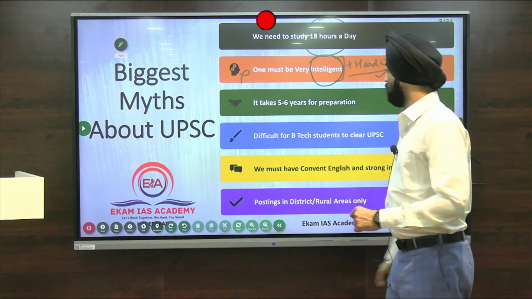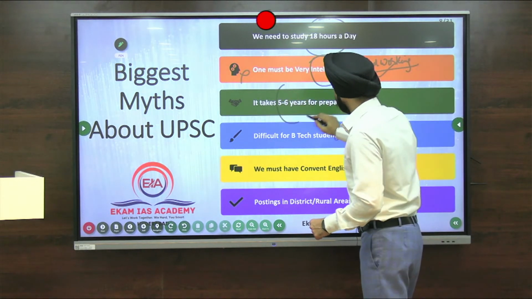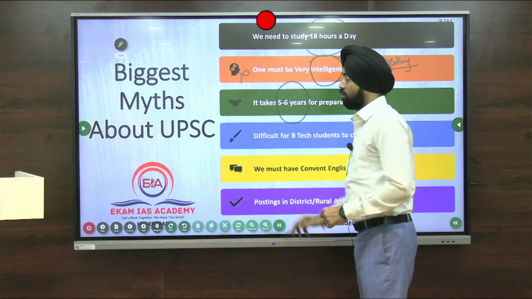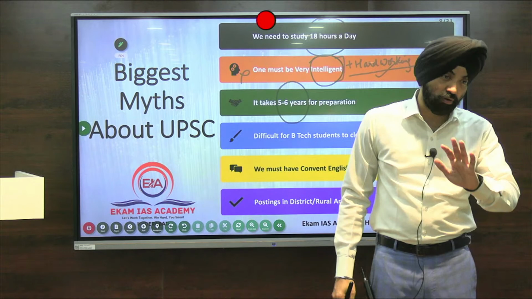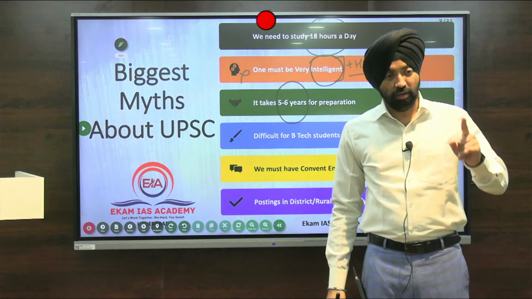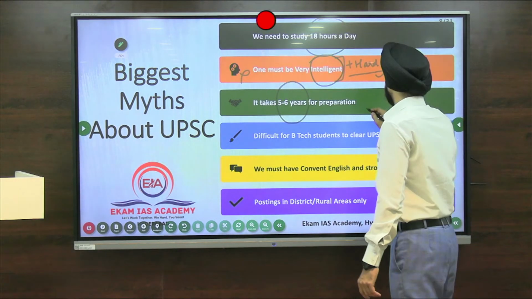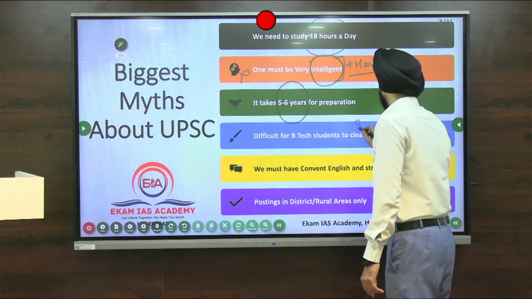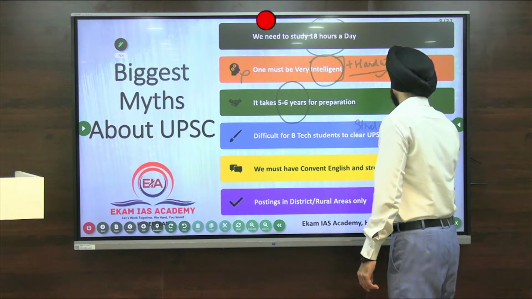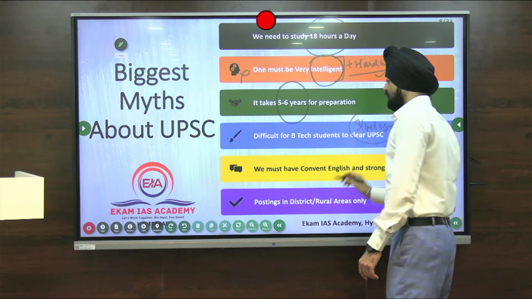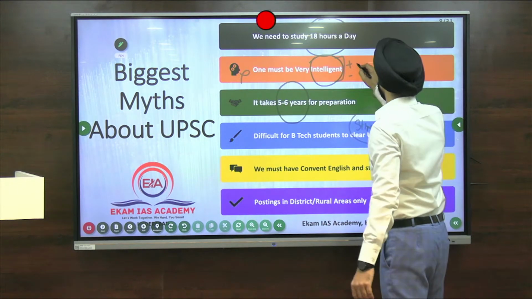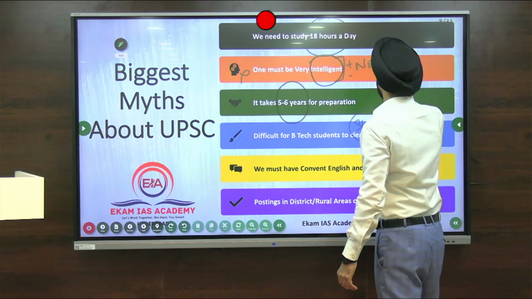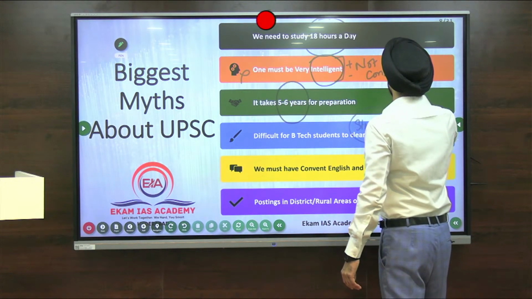Okay. Another myth is that it takes 5 to 6 years to pass the examination. It is a falsified statement. You will take 5 to 6 years only if your strategy is wrong, or if you are not consistent in your preparation.